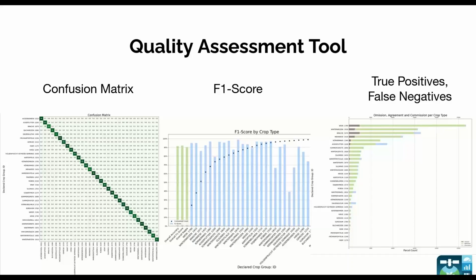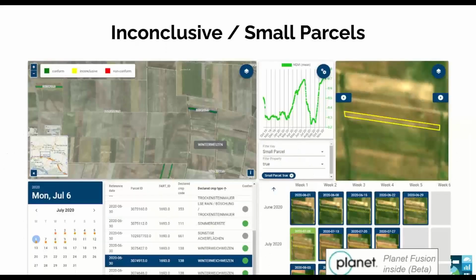The next slide, please. Okay, with this slide, I can only briefly touch upon how in EO-WIDGET we approach the issue of inconclusive results. So small parcels are a good example for that. They can be observed after a first round of monitoring, and then there might be parcels left over which need additional attention.